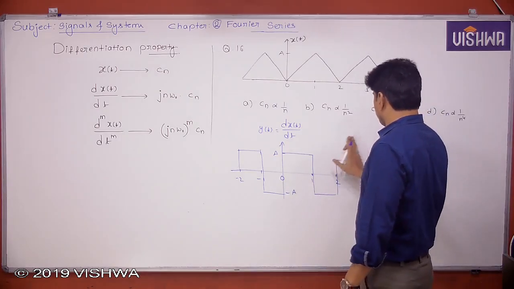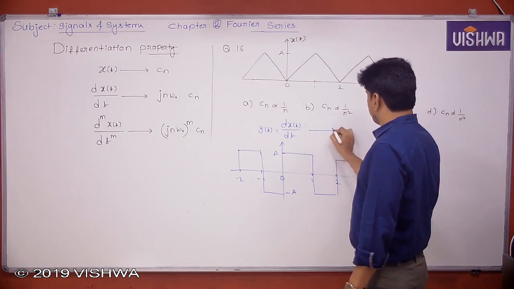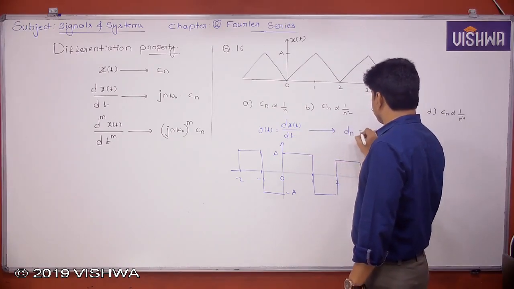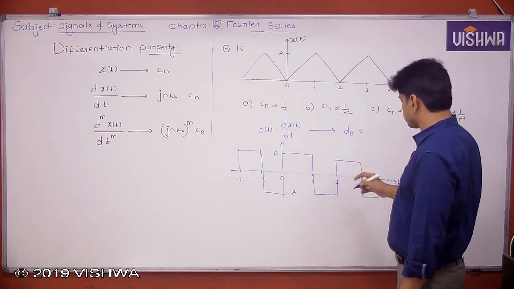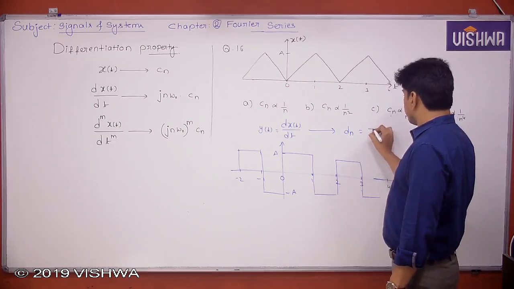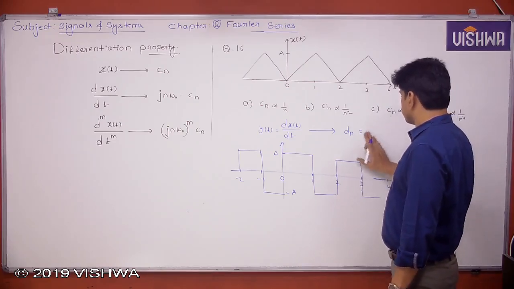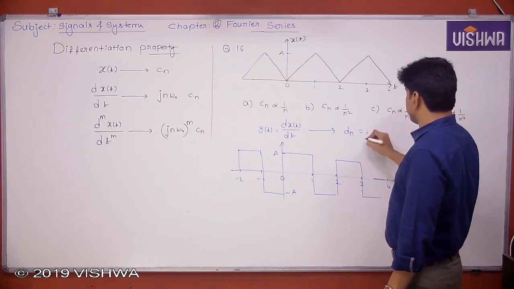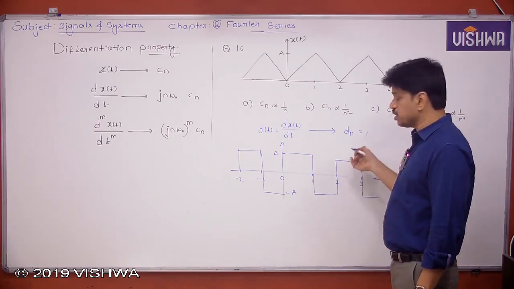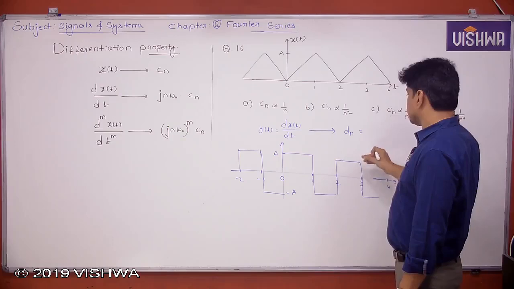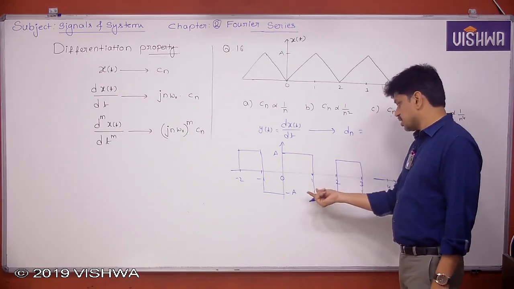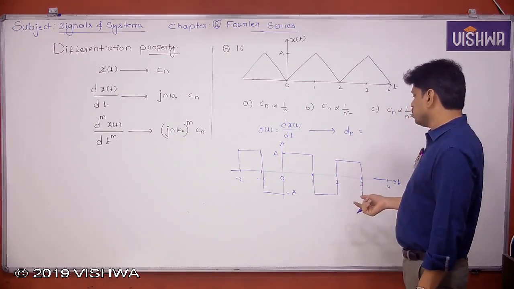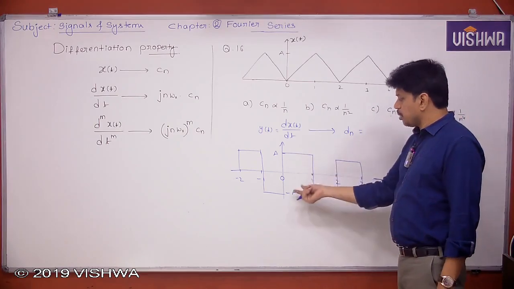Suppose y of t has Fourier series coefficient dn. What is dn actually? We can write (an minus j bn) by 2. In that, the an value is equal to 0 because it is an odd function. Then the bn value is nothing but 4a by n pi.